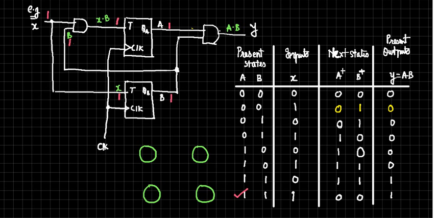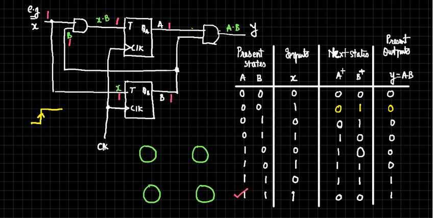That means this condition is there when I am drawing this clock, just before this positive edge. As soon as the positive edge comes, since these flip flops are positive edge triggered, the changes in the states happen only when the positive edge comes.